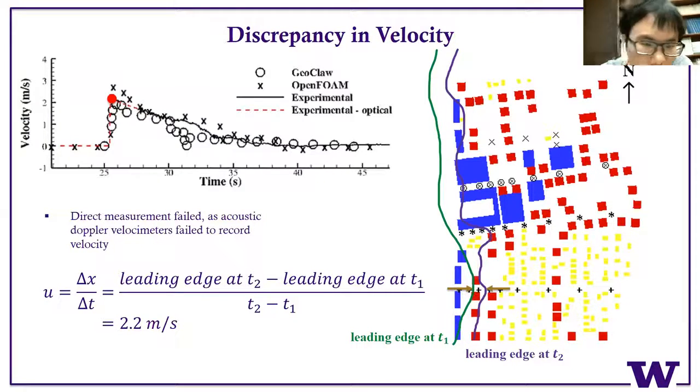So the expression they use is u equals the position of the leading edge at time t2 minus the position of the leading edge at time t1, divided by how long it takes.